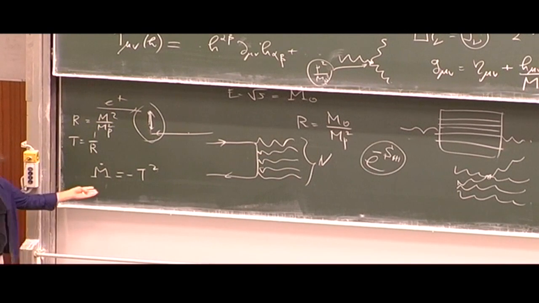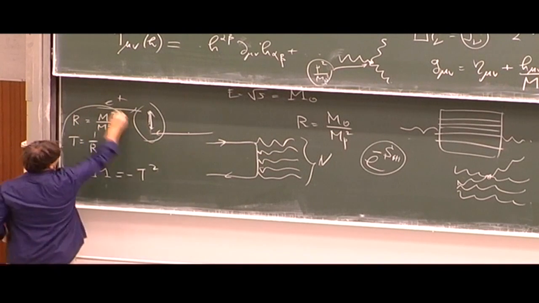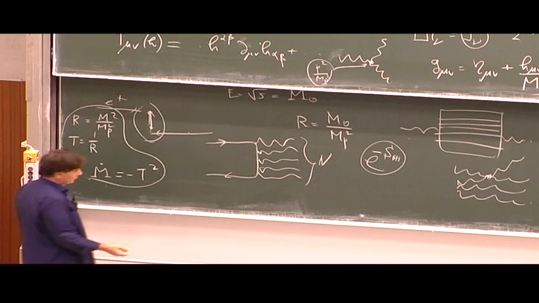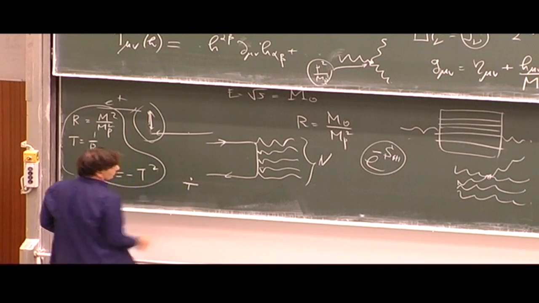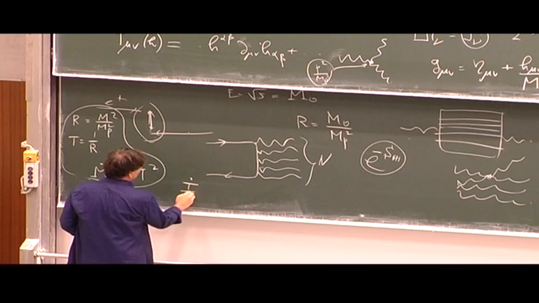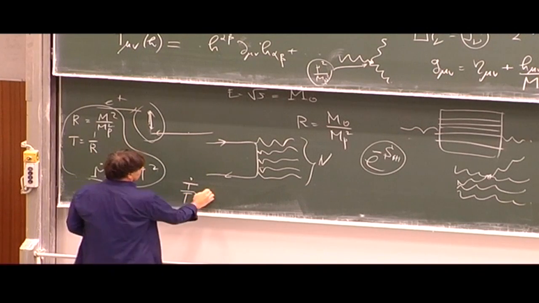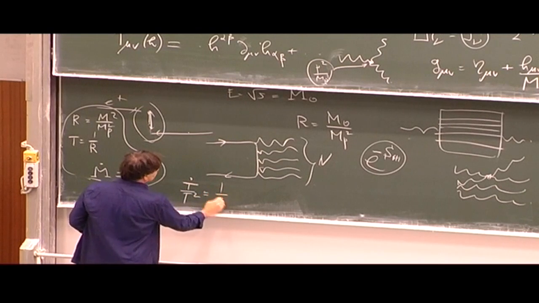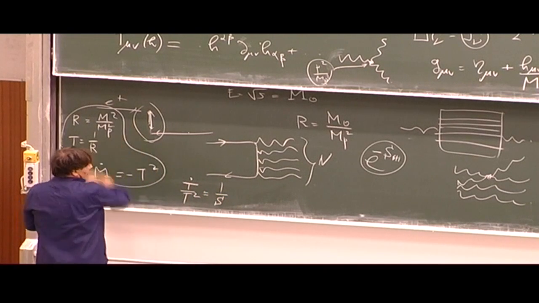So now we have everything. These 3 equations immediately tell you that T dot, the time dependence of temperature, over T squared is 1 over precisely the entropy of a black hole. You can see it from here.